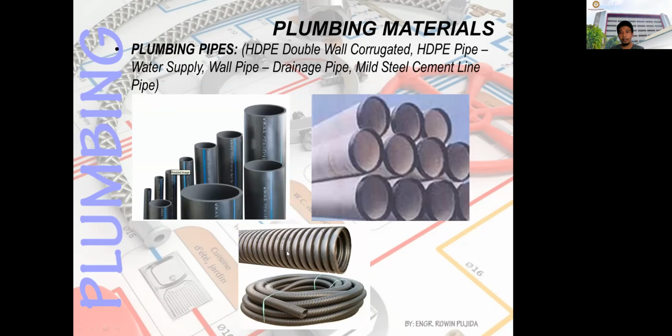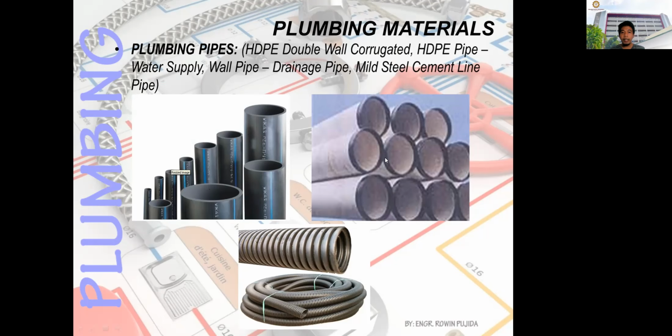And then the HDPE water supply pipe. This is used for water distribution, the main distribution that came from the main line, before it connects to your building.